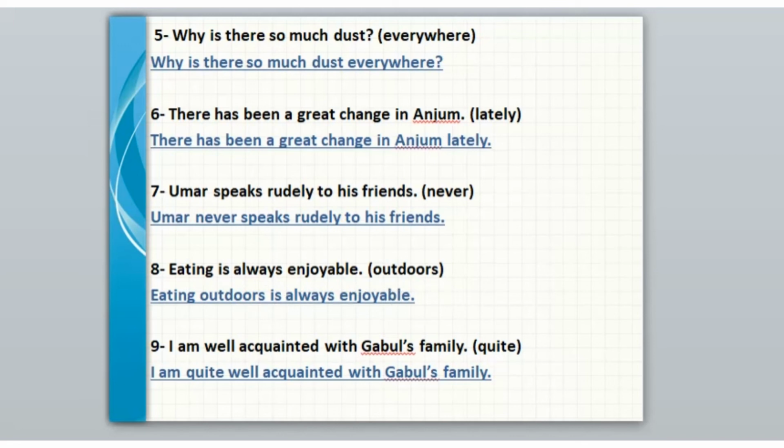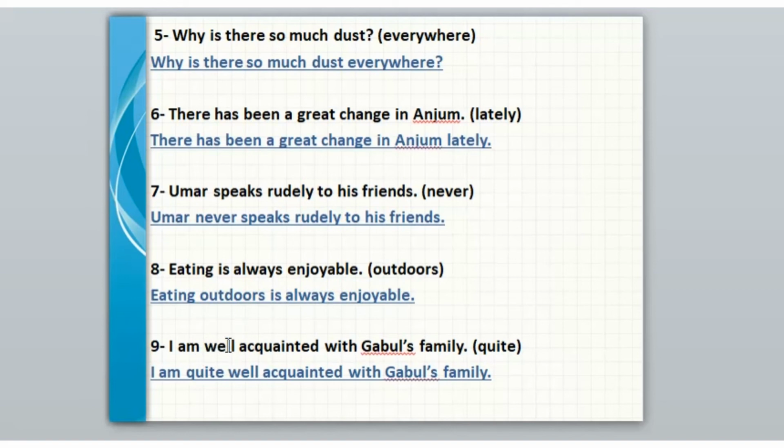Okay. Number 9. I am well acquainted with Gabul's family. Bracket says quite. So students, this is one adverb which is defining another adverb in this question. Well is another adverb. So this adverb should be modifying this adverb, right?